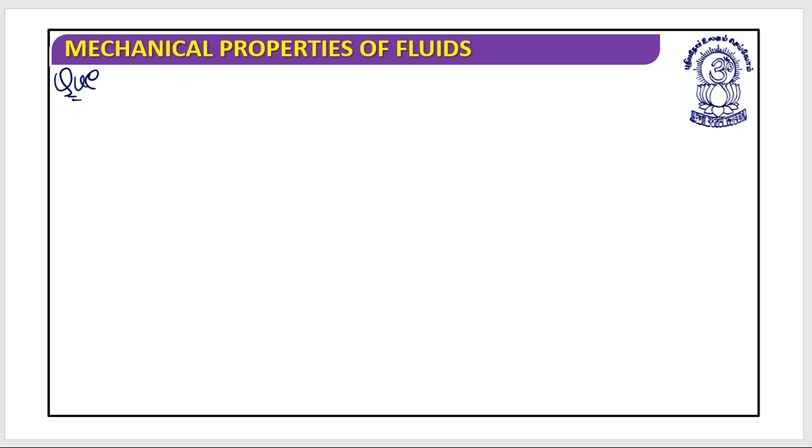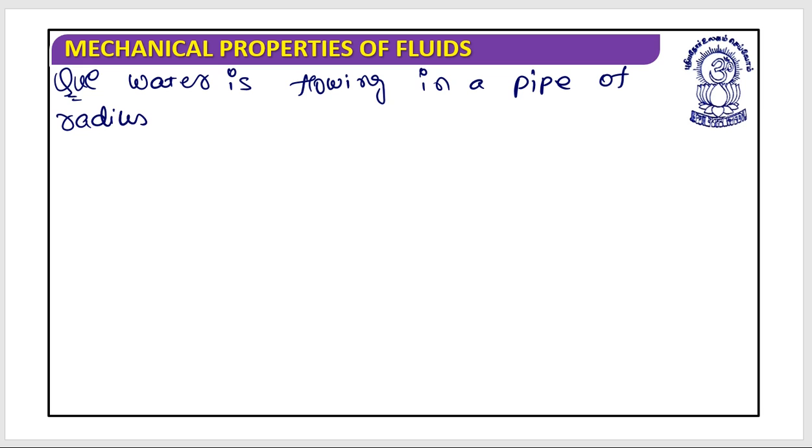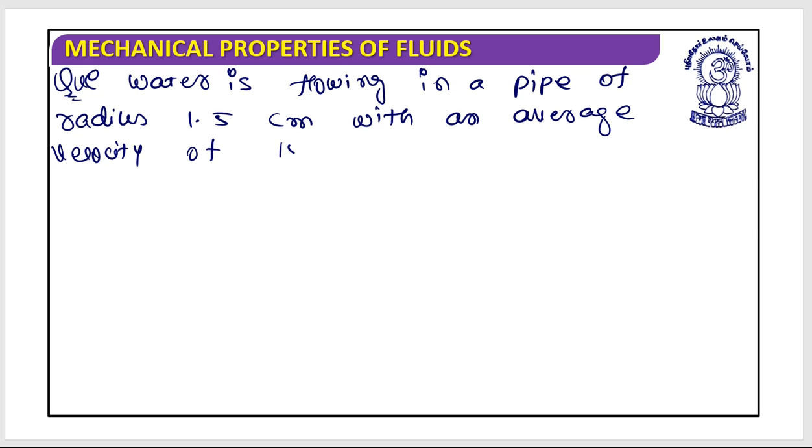The question says that water is flowing in a pipe of radius 1.5 centimeter with an average velocity of 15 centimeter per second.